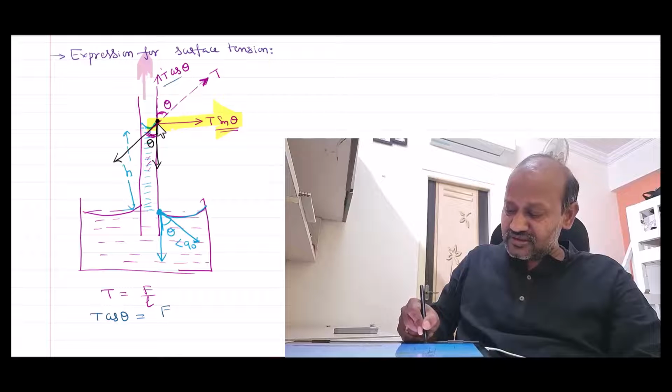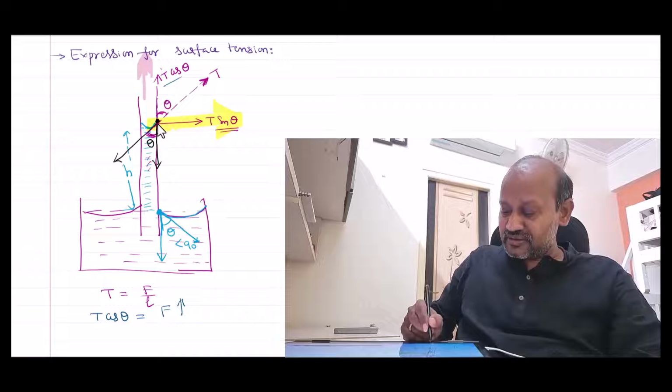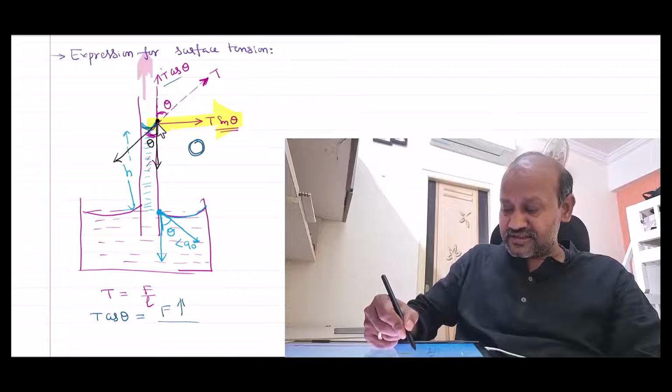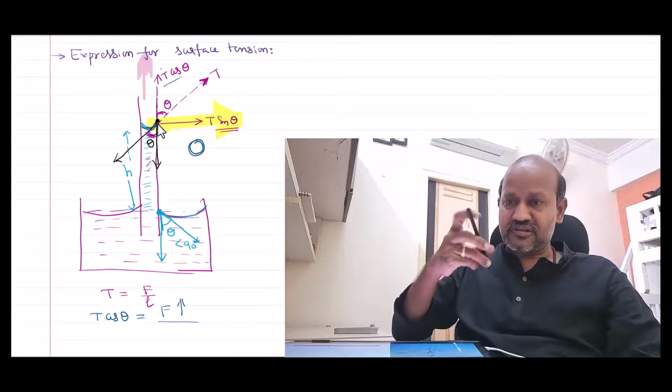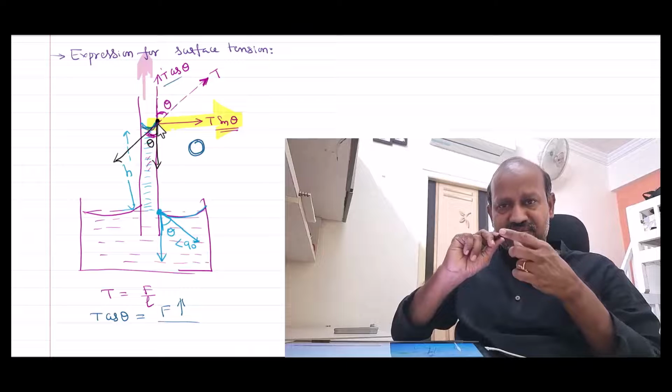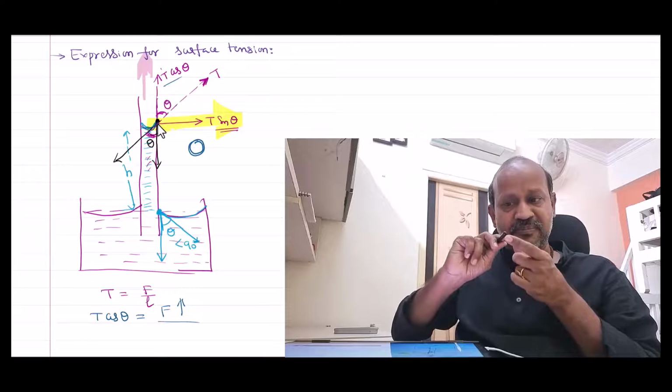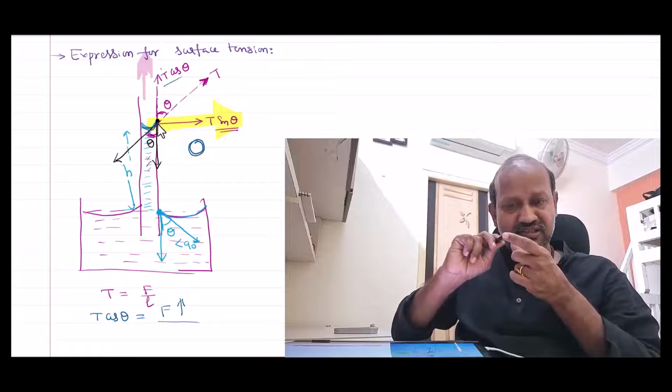Right? What is the force? Force is acting in the upward direction along the length of the free surface of the liquid. This liquid surface actually has a circular shape. A capillary tube is a cylindrical pipe, and the cross section is circular. Look here, this is circular.